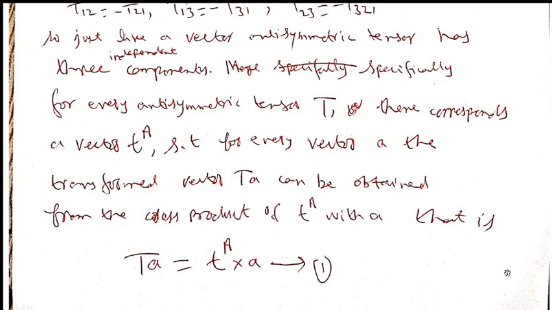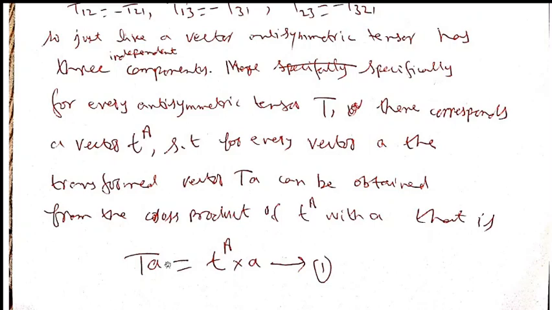If you have an anti-symmetric tensor T, then for every vector A, this equation will be satisfied for a vector TA. If you obtain a transformed vector TA with the help of an anti-symmetric tensor T, then the result will remain the same if you use the right-hand side of equation number 1, that is, you take the cross product of A with the vector TA.